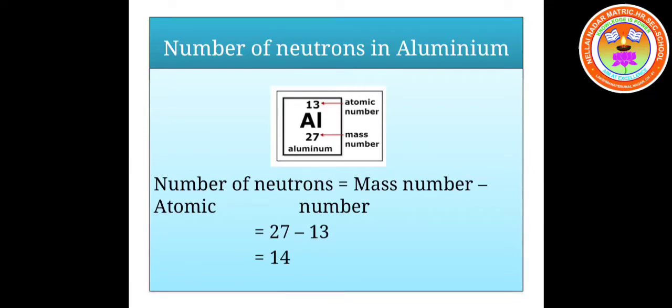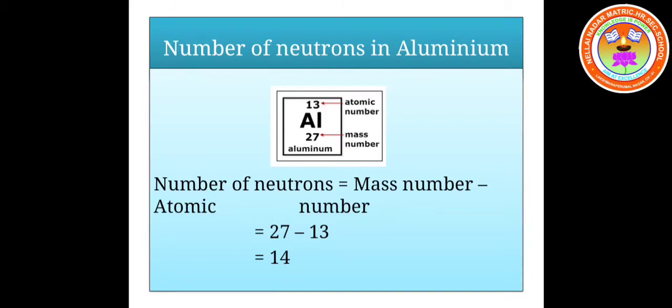How to calculate the number of neutrons present in the element aluminium? Aluminium has got the atomic number 13 and its mass number to be 27. Okay. See, sometimes the atomic number and mass number are not exactly written as a subscript and superscript.